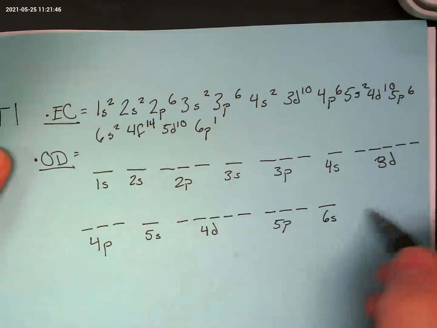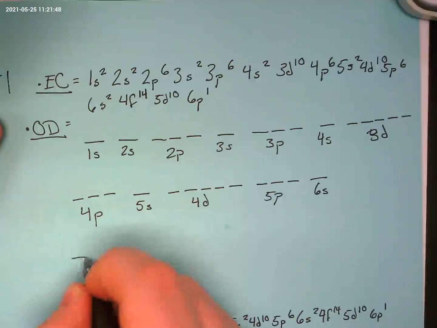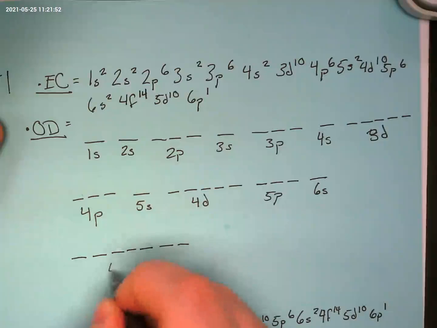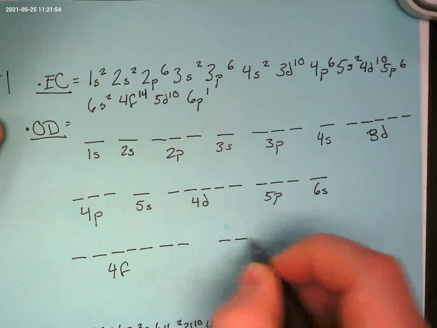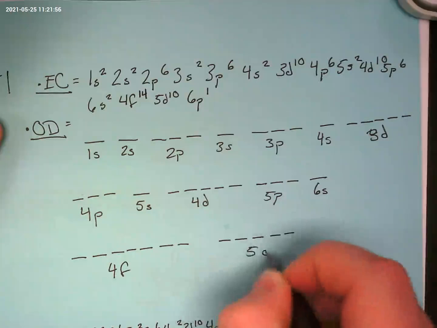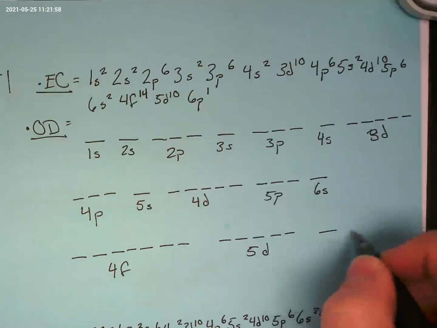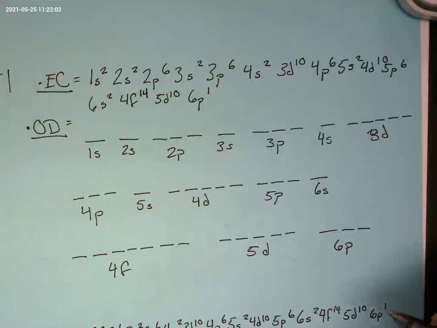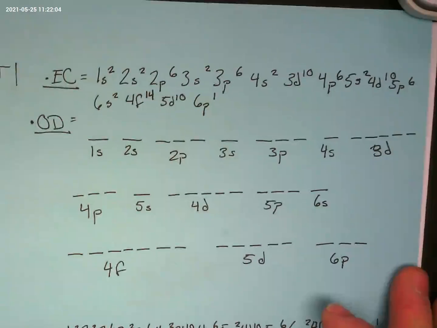I can't fit 7 over here, so I'm going to jump down to here. So 4f with seven lines, 5d with five lines, and 6p with three lines.